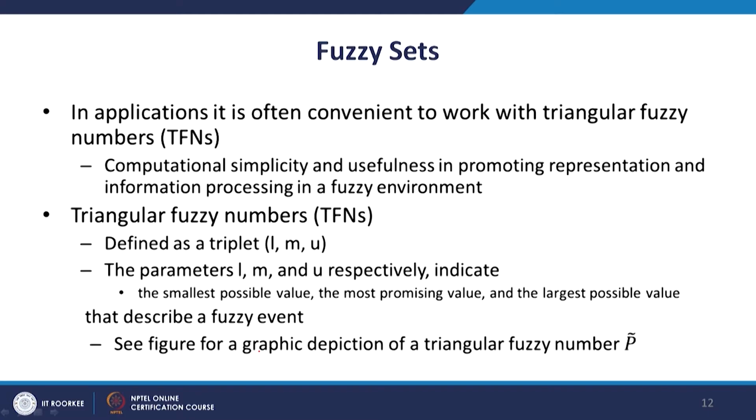These parameters are used to define triangular fuzzy numbers, and with their help we can describe a fuzzy event. Any phenomenon that has a certain level of uncertainty and imprecision, and can therefore be described using fuzzy numbers, we refer to as a fuzzy event.